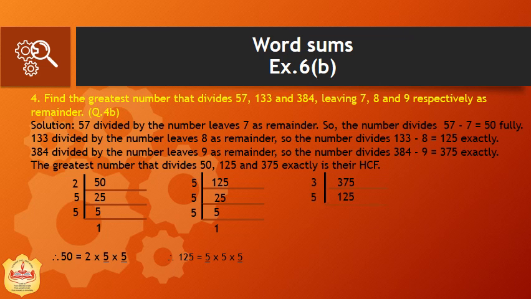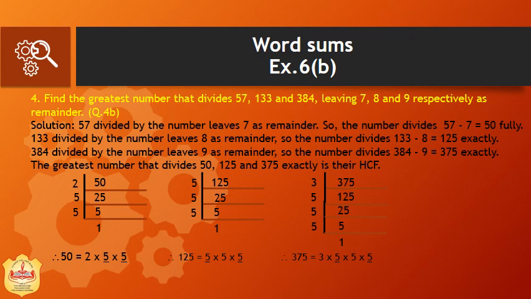So when we divide 125 by 5, we get 25 as the answer. Again we will divide 25 by 5 and we get 5 as the answer, and now again we divide 5 by 5 and we get 1 as answer. So what are the factors of 375? 3 multiplied by 5 multiplied by 5 multiplied by 5.